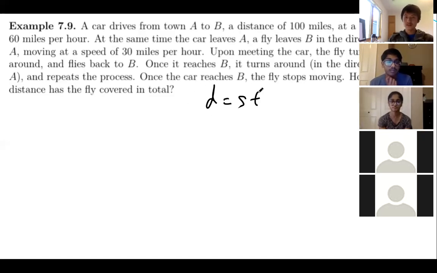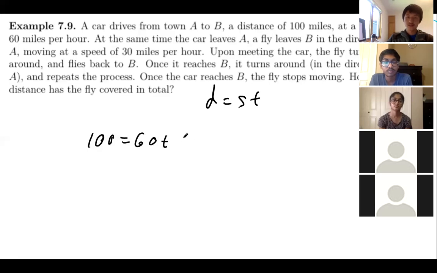The amount of time that the fly is moving is the amount of time that it takes for the car to reach B. And we can compute that because we know the distance from A to B and the speed of the car. So the speed of the car is 60 and it has to travel 100 miles.